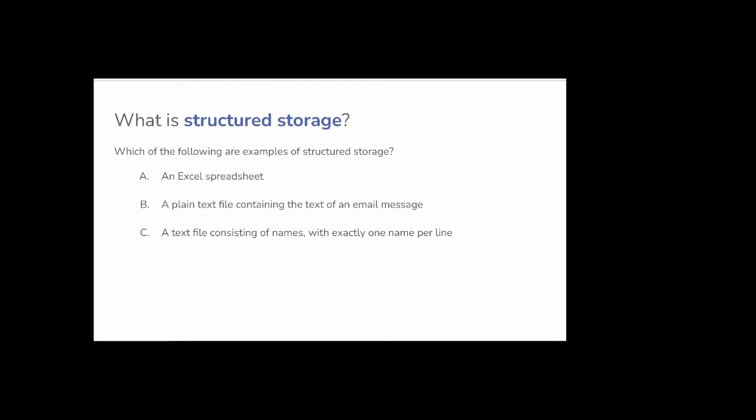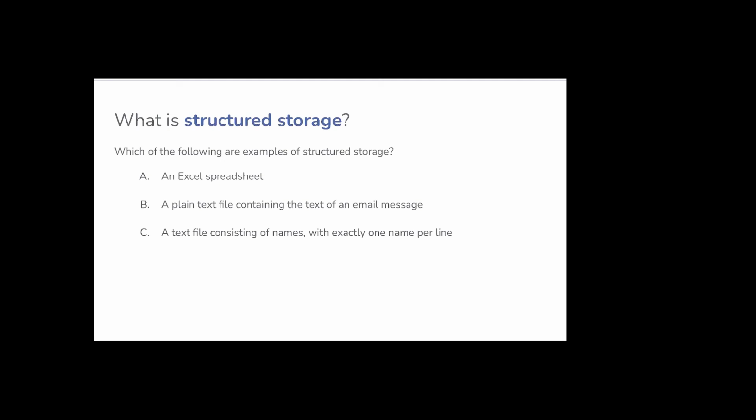For instance, if you think about an Excel spreadsheet, there are different fields that house different values. And if we wanted to look at the value for, say, the third field, we would simply have to move from one field to the next until we arrive at the third field. We know where it is because there's structure to that data.